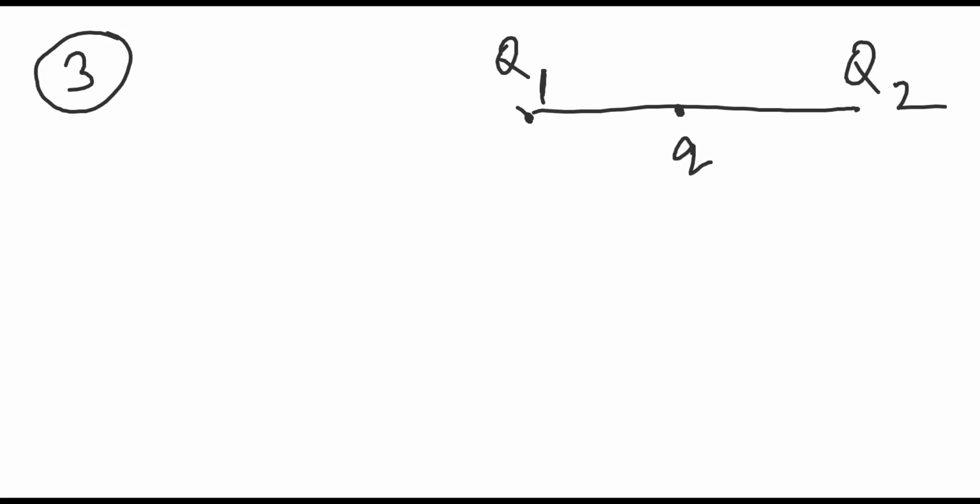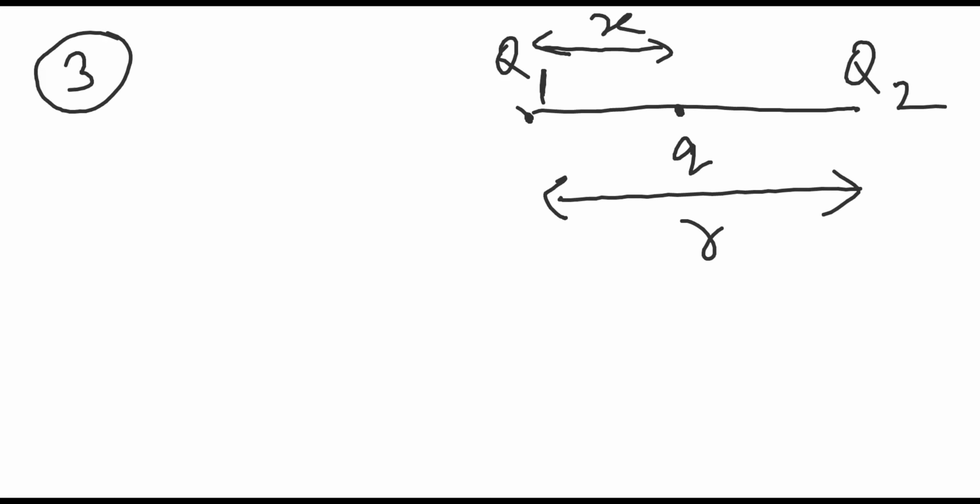Number three. Suppose here Q1, here Q2, and in between we have a small q. The distance between them is r, and here the distance is x. What is the x value?